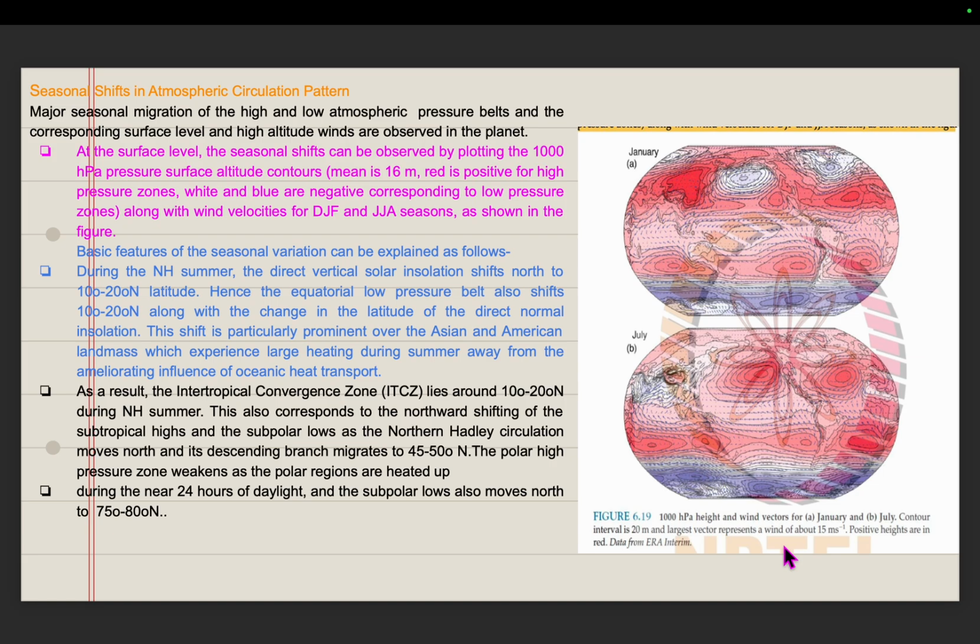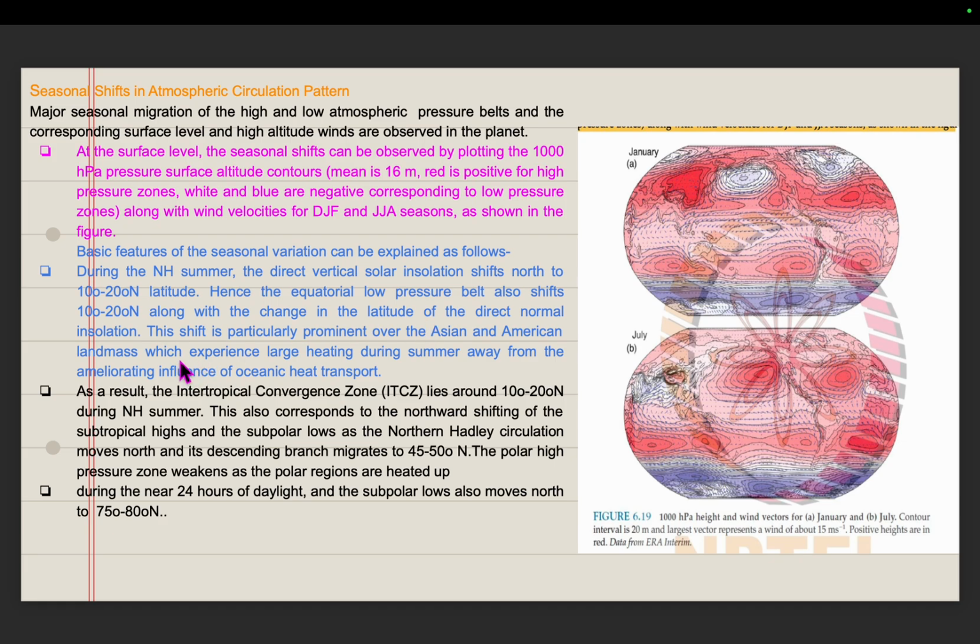During the northern hemisphere summer, that is in the July month, the direct vertical solar insolation shifts towards the north, that is towards the 10 degree to 20 degree latitude zone. Hence, in that region the equatorial low pressure belt forms, and we can say the equatorial low pressure belt shifts to the 10 to 20 degree northern region, along with the change in the latitude of the direct normal insolation.